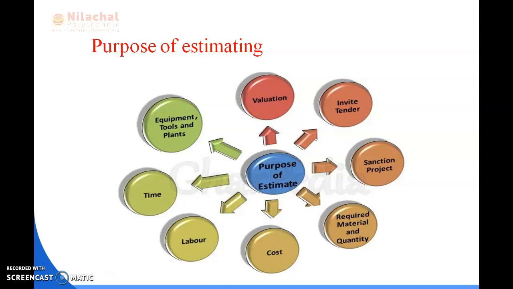Before that, we know about the equipment required, plants required, tools required, time required, labor required, cost required, and material requirement. After that, we already know how much cost we will spend. Is it easy or not? Labor cost, time: is it manageable or not? Then we go to sanction of the project.